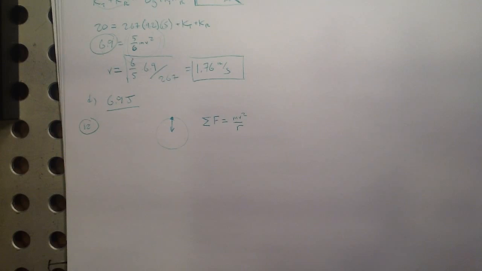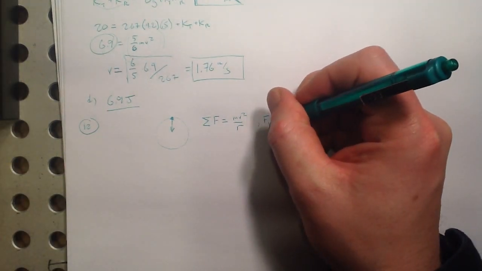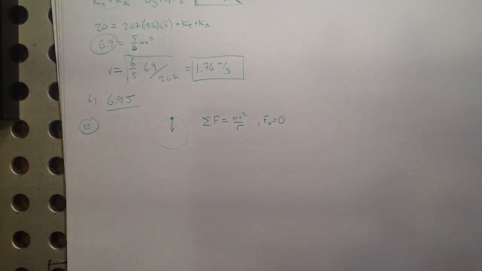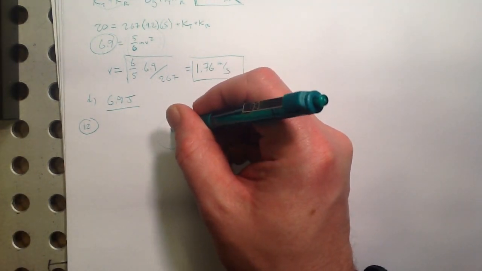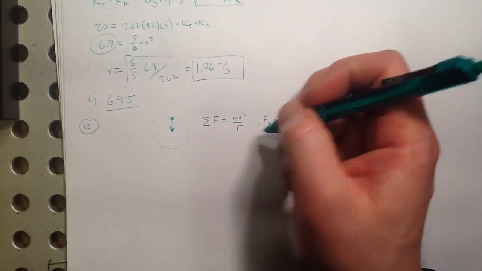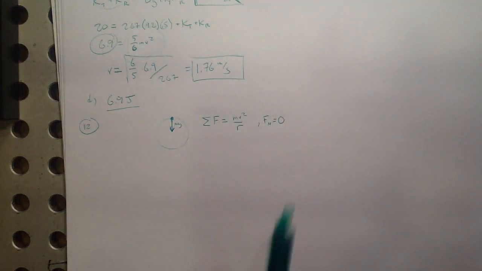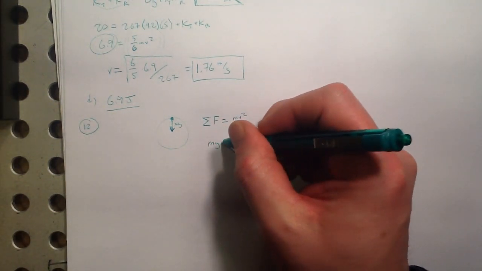In the borderline condition, we know that if it's just barely going to make it, the normal force backs away to 0. And the only thing pulling it toward the center of the circle is gravity. The normal force has backed off to 0. We've seen this problem before, right? So that means the only force is gravity.